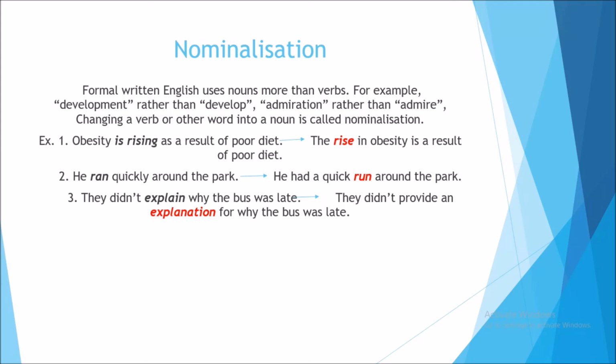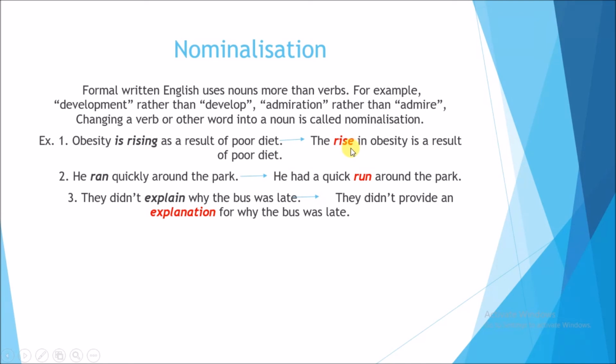Let's take an example. Obesity is rising as a result of poor diet. Differently, we can say this sentence: the rise in obesity is a result of poor diet. So the verb rising was changed into a noun, the rise.